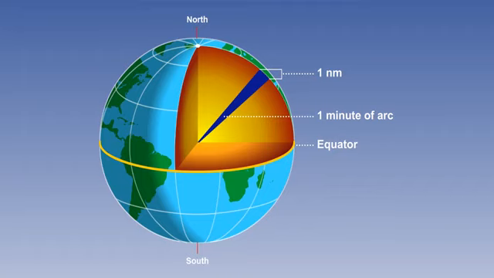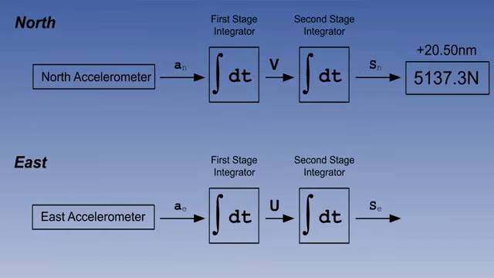The relationship between nautical miles and change of latitude is a simple one. 1 minute of change of latitude is 1 nautical mile, anywhere on the Earth. 1 degree of change of latitude is 60 nautical miles. So suppose that, in this example, the start position were 5137.3 north, and you had flown 20.5 nautical miles northwards.